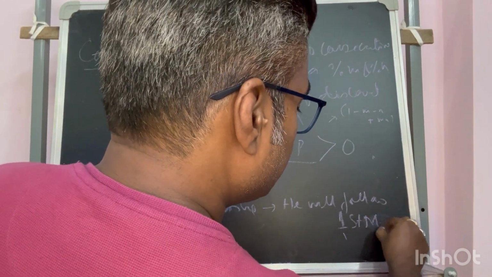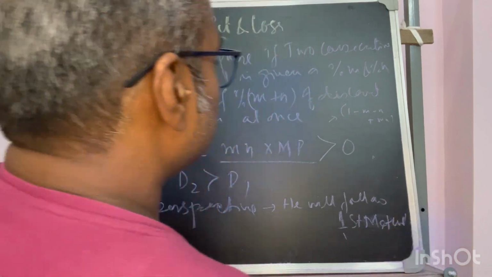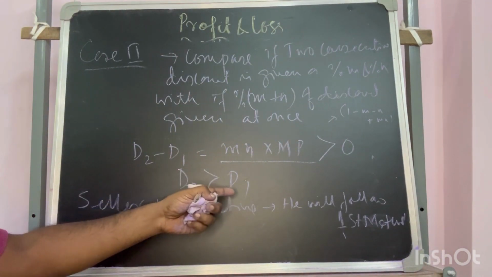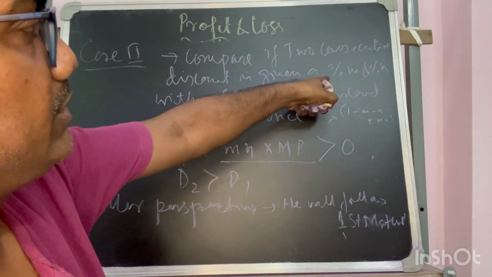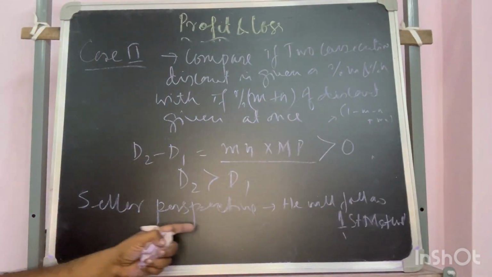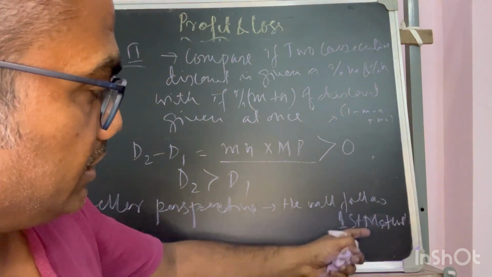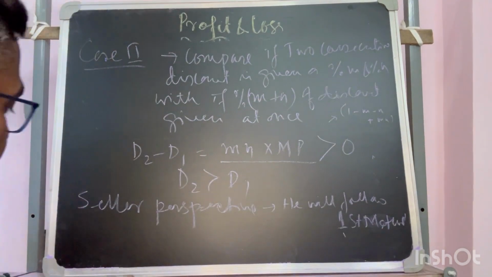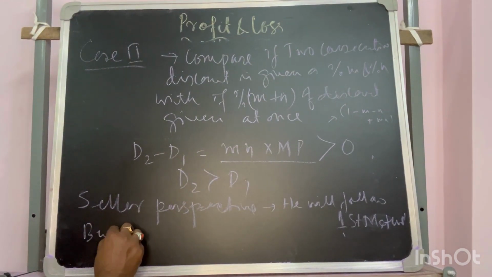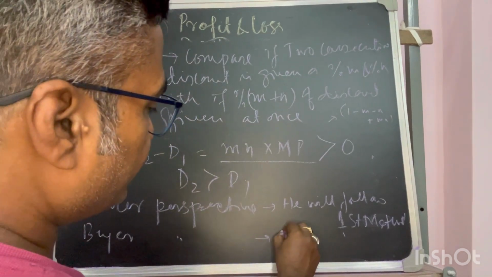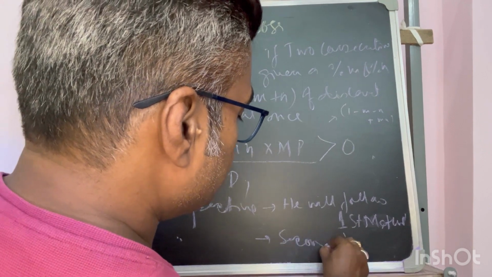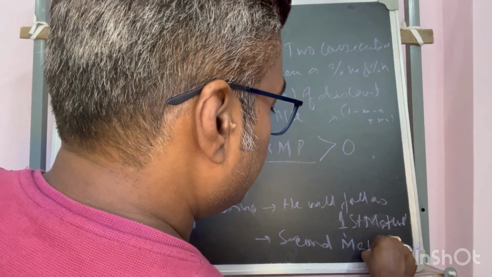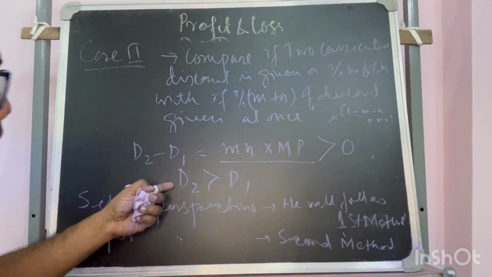For him to give less discount, D1 is coming when I am giving consecutive discount. So the seller will follow the first method, whereas the buyer's perspective is to follow the second method. By that he will get more discount.